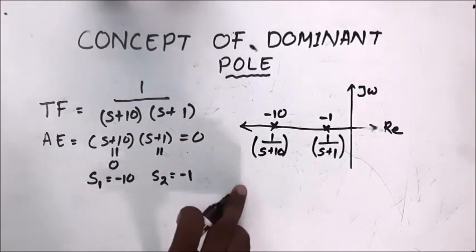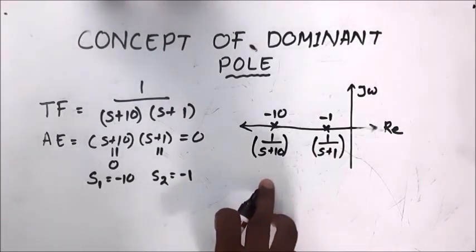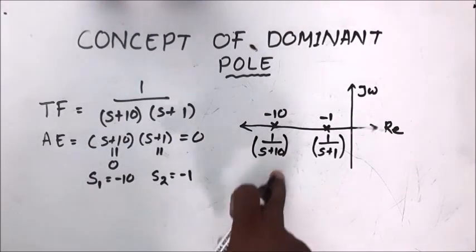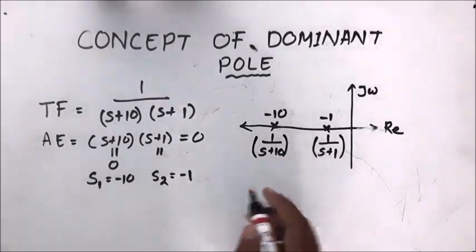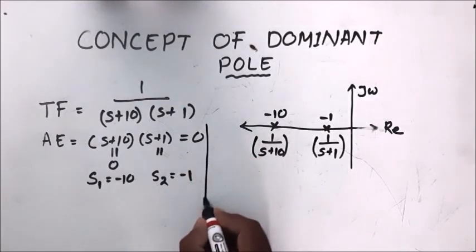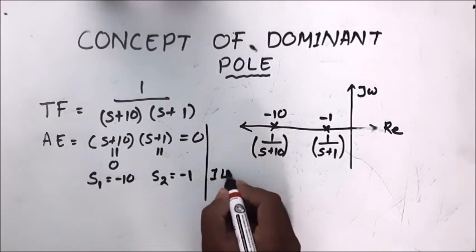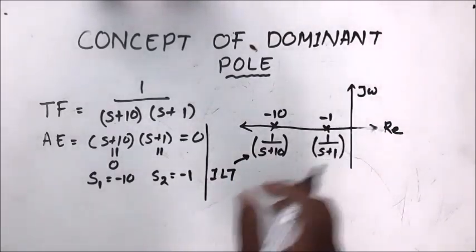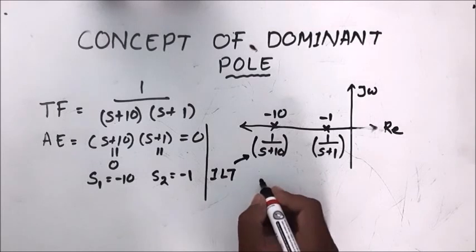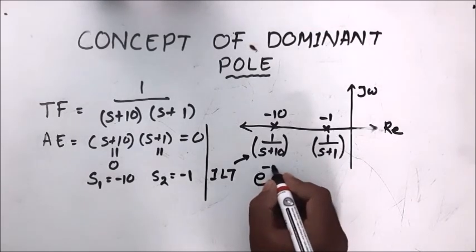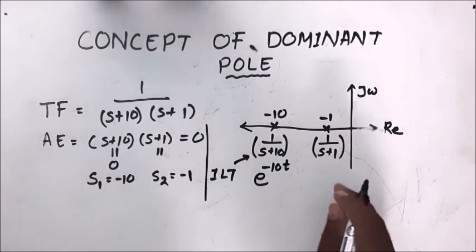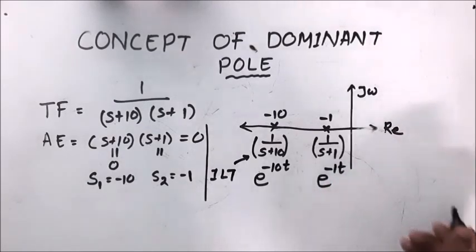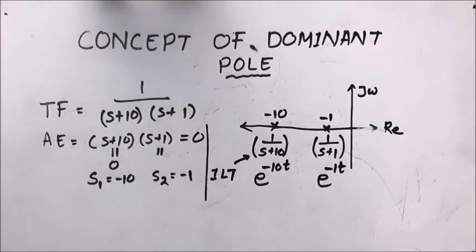If I take the inverse Laplace transform, since this is in the s domain or frequency domain, let me convert this into the time domain. The inverse Laplace transform of these two functions gives e to the power minus 10t, and for the other, e to the power minus 1t, or simply e to the power minus t.